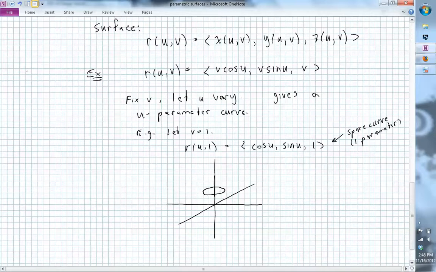There it is. Okay, so once you've figured out what one of these u parameter curves looks like, now what you want to do is let v move.